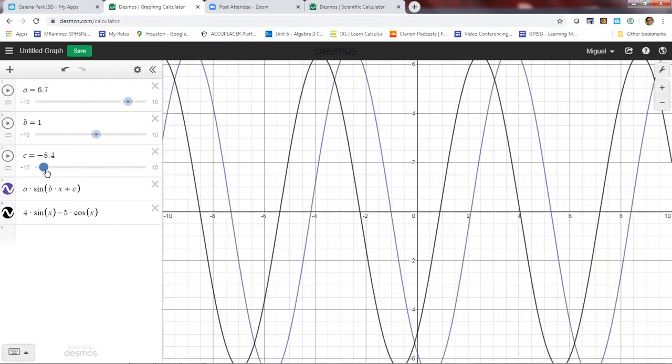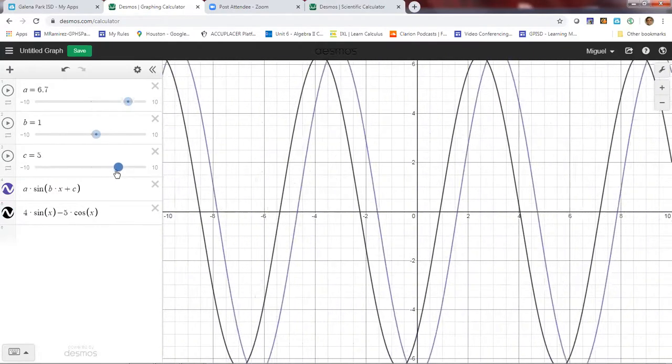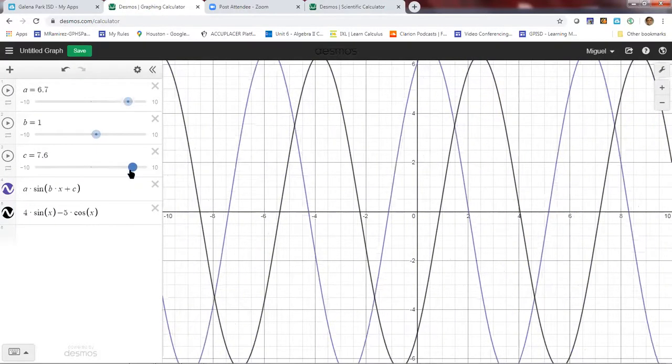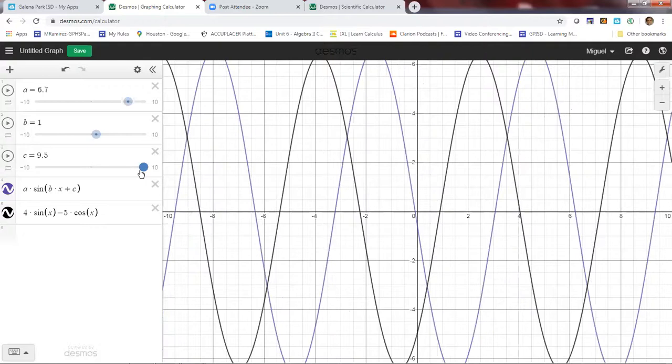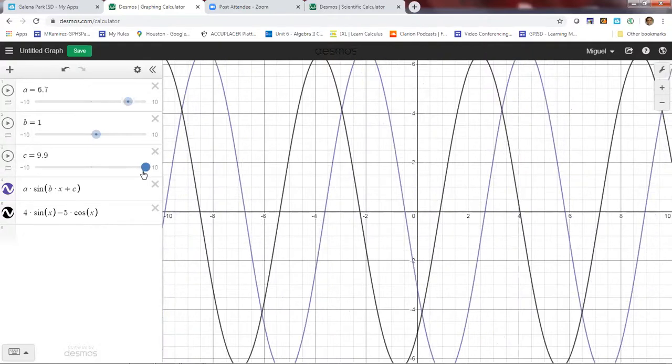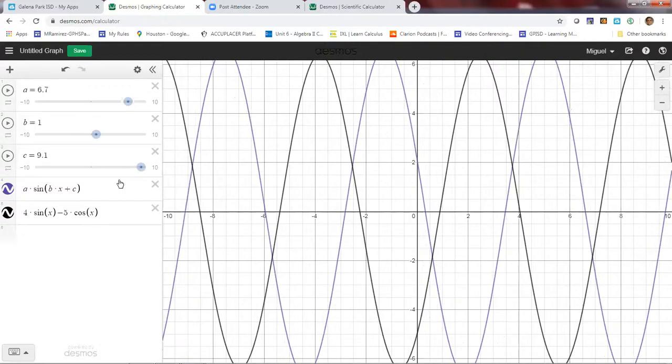Oops, it seems that it's not working. Let me see 0.931. 0.99, 0.96, 0.94. Wow, we have a problem. We didn't get what we were expecting.